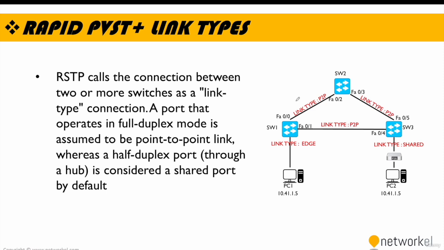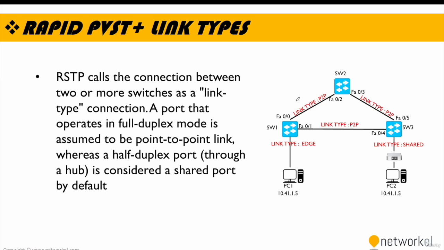The first type is the edge link, which connects directly to an endpoint device. The other one is the point-to-point link, which is a link connecting two switches directly. And we have the link type shared, which is a link that connects multiple devices to a switch, such as with hubs or repeaters.